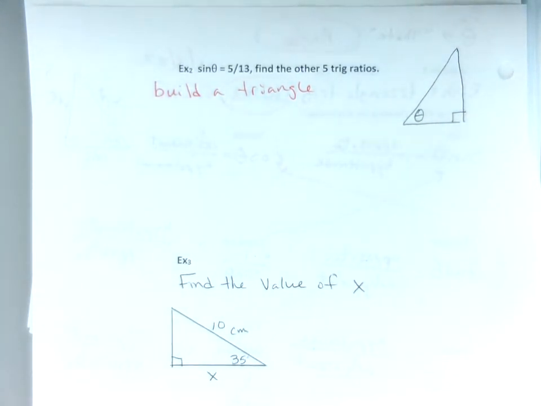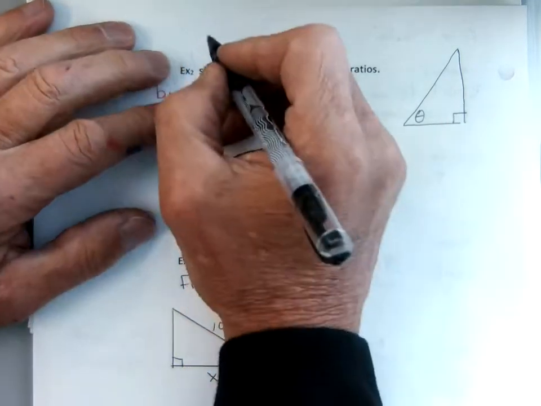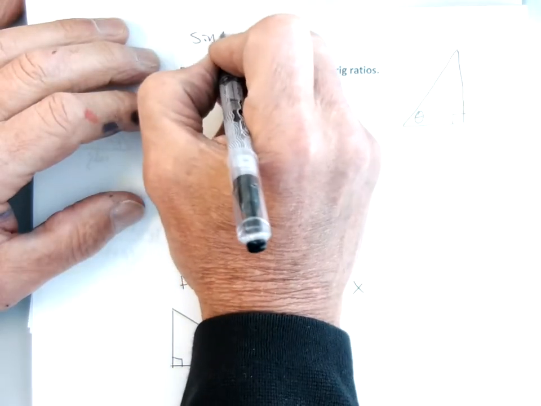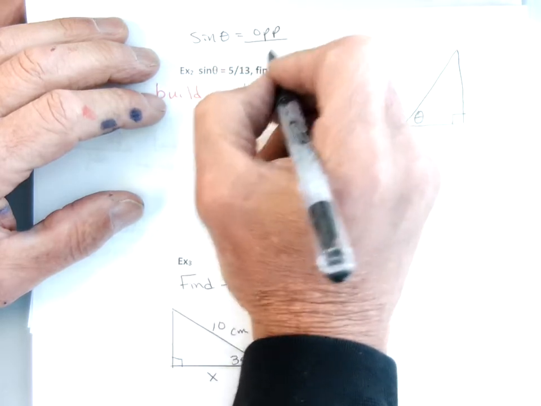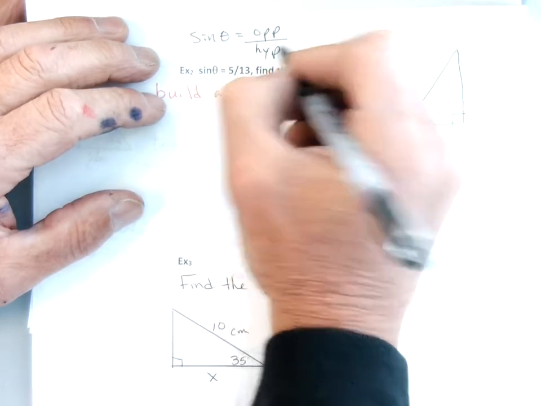Theta is an angle, right? So draw that. I put a right triangle down there, and I put theta down at my angle. Okay, what I know about sine, because it starts with sine, is that it is equal to the opposite over the hypotenuse.